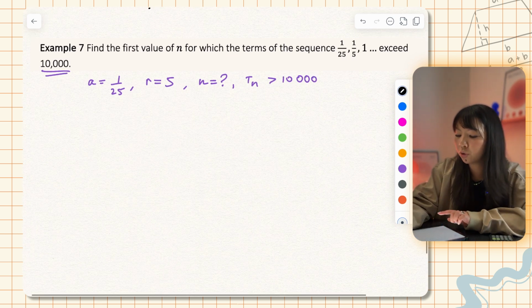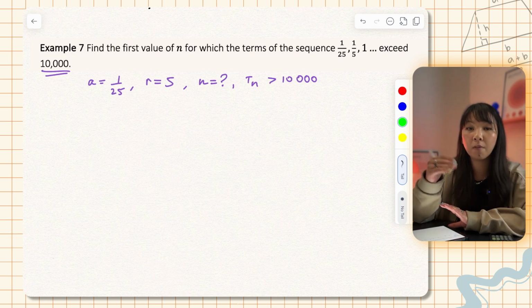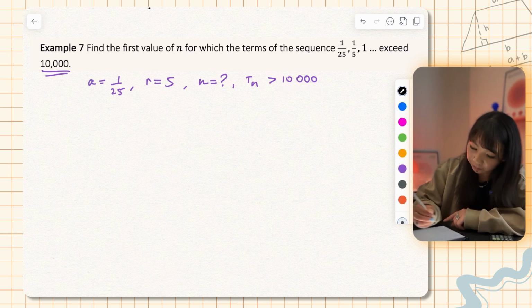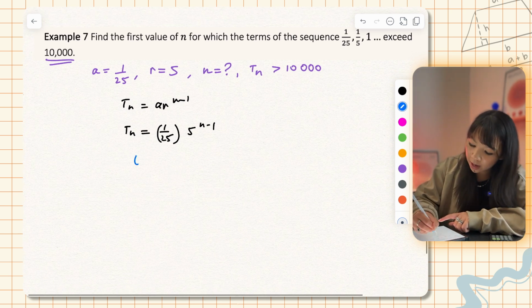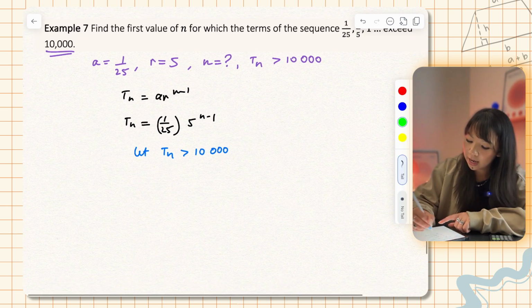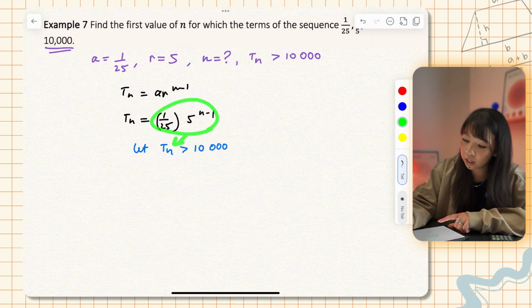All right, so what we're going to do is find an expression for the nth term of the GP. Once you have that expression, we let it be greater than 10,000 and then solve for n. So Tn equals ar^(n-1), which gives Tn equals A times ratio to the power of n minus 1. Now we let Tn be greater than 10,000, subbing this into the inequality.